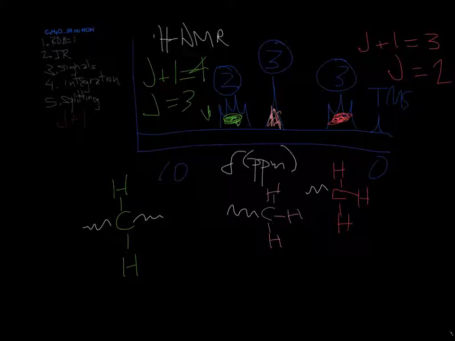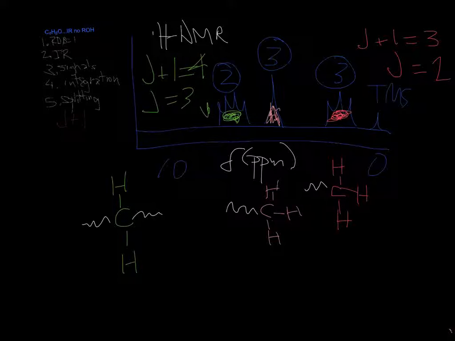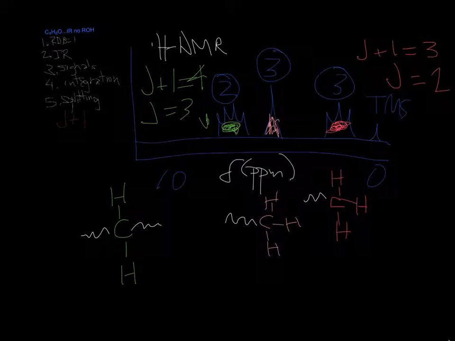Likewise, this one is next door to something that has a grand total of how many hydrogens? 2. Oh, too bad, that would have been too neat. That means we can take this one and attach it to this one.